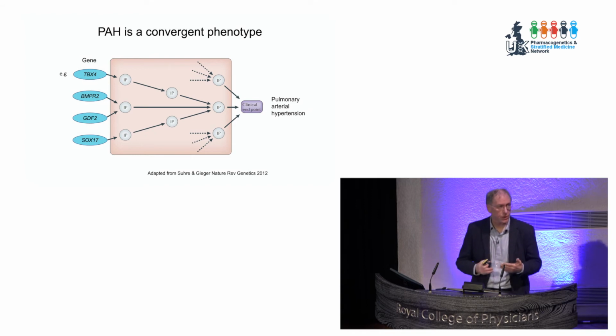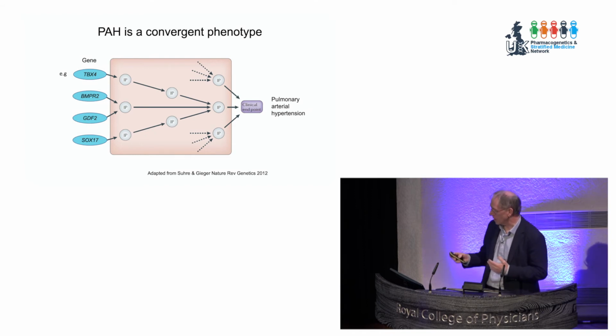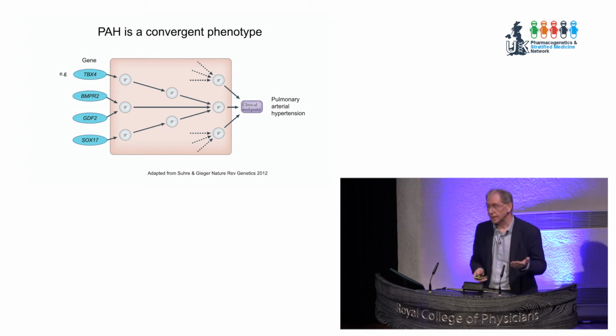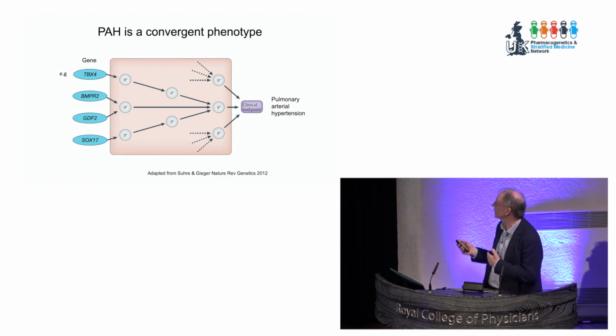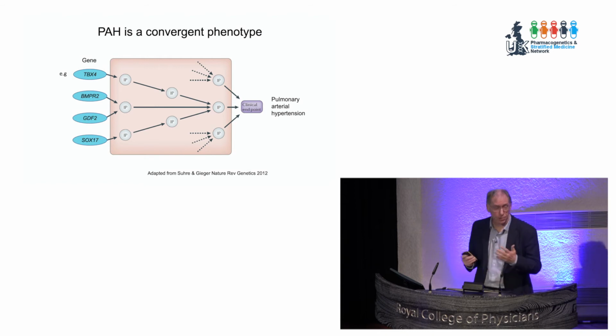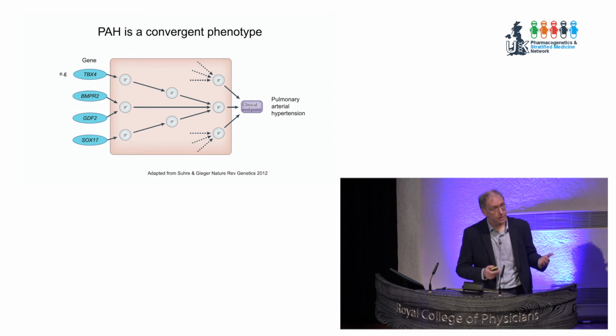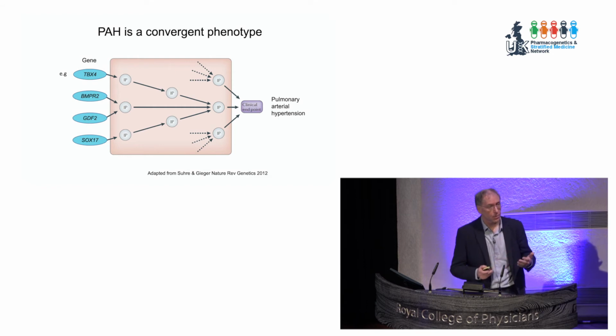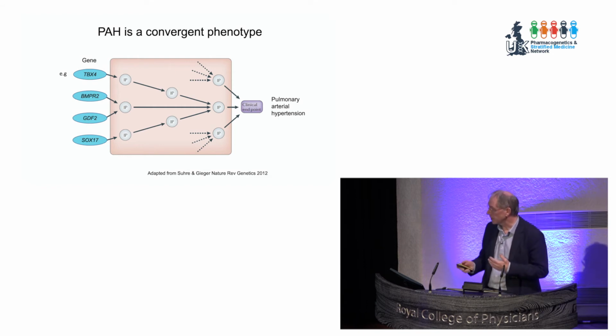And so we've developed a picture whereby it clearly is an oligogenic disease where perturbations in a number of pathways converge on a single endpoint clinical phenotype, PAH. And that's interesting because identifying these gene mutations opens up possibilities for new drug development to the extent that, of course, these targets are druggable. And that is a challenge.